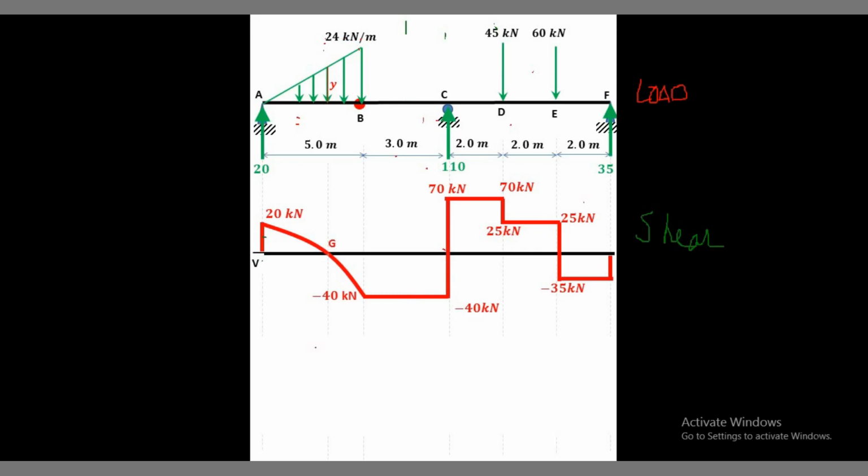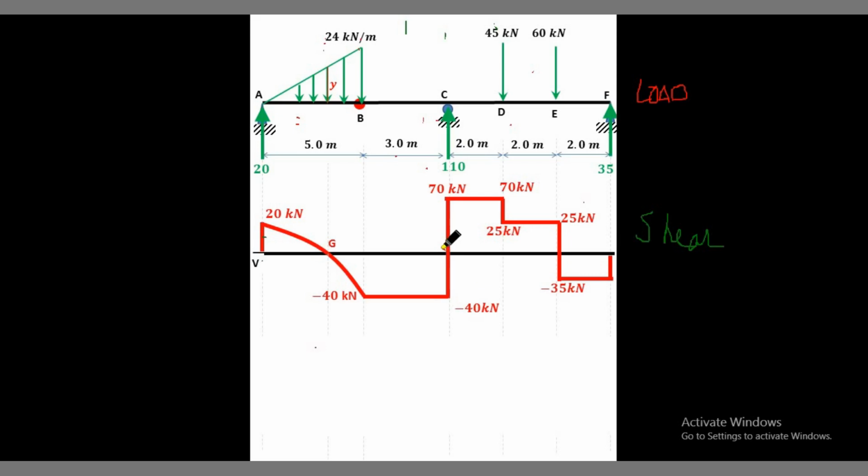Okay. So if I'm going back now to this illustration, before I can draw my moment diagram, kung mapapansin ninyo dito kay may point G, nag-zero ulit si shear diagram.